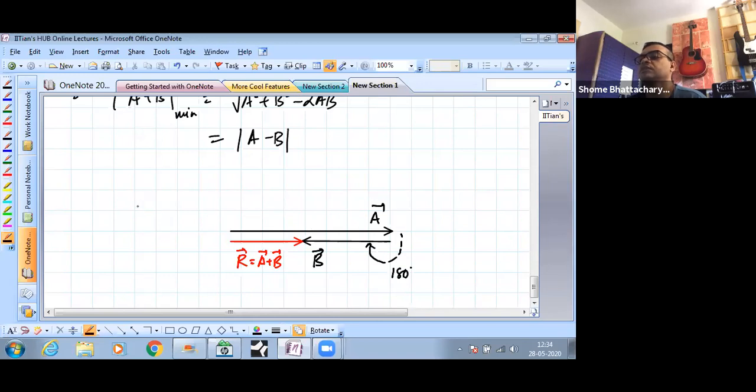So this is the case when theta is equal to 180 degrees. The magnitude of a plus b actually becomes the difference of their magnitudes. Okay. So this is the minimum magnitude.